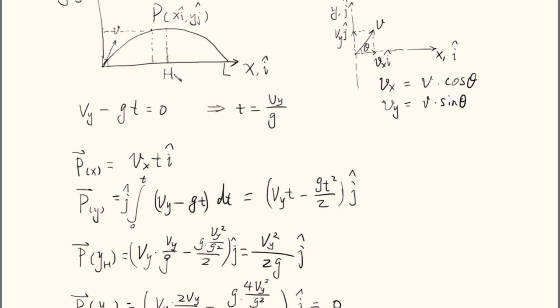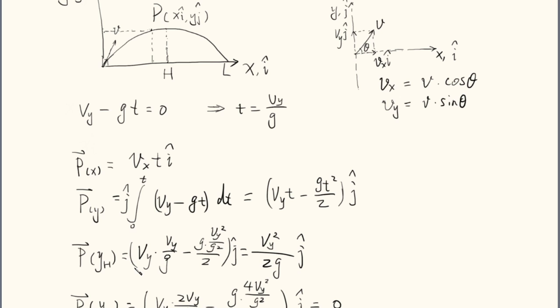H is the point on the x-axis when the object is at the highest point. Yh is the highest point.